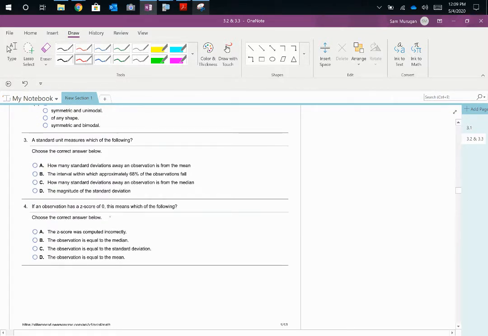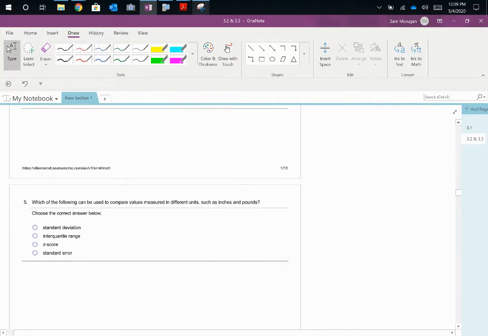If an observation has a z-score of zero, this means that the observation is equal to the mean. Which of the following can be used to compare measures in different units, such as inches and pounds? So remember that z-scores can be used to compare across different types of data.